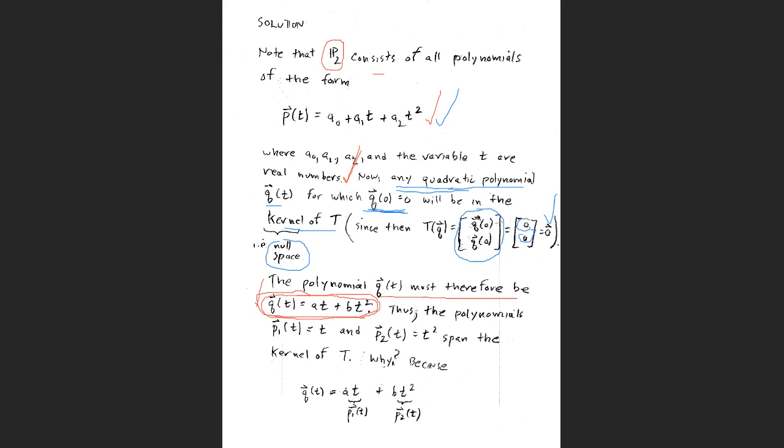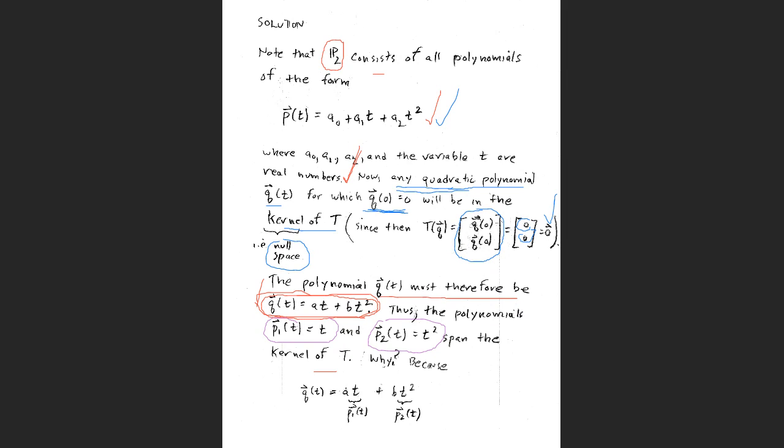And so the polynomials that span the kernel of T would have to be p1 of t equals t and p2 of t equals t squared. Any linear combination of those two second degree polynomials, and p1 of t equals t is a second degree polynomial, because you could write that as t plus 0 times t squared.